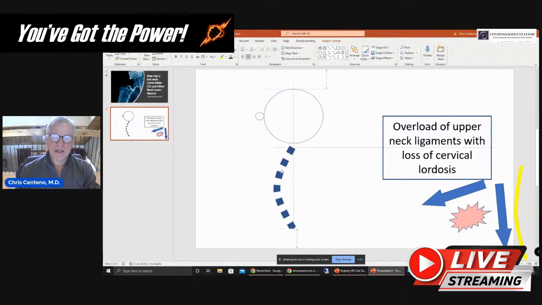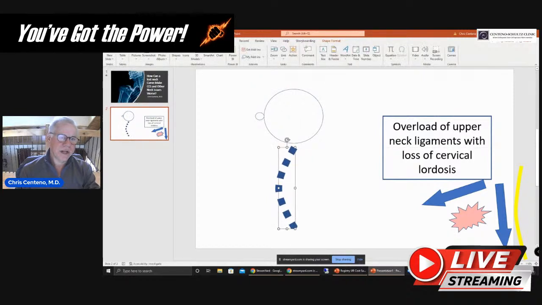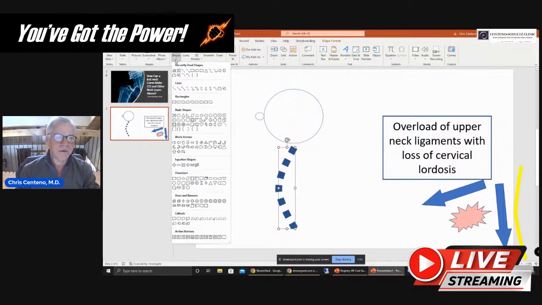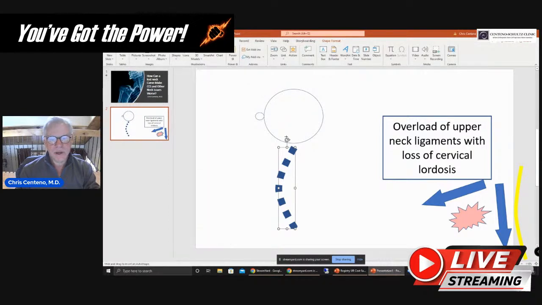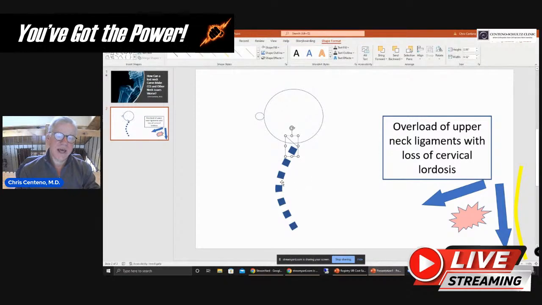So when it comes to clivoaxial angle, and this isn't going to be perfect because I don't have a perfect model drawn here, but I'll make it as good as I can. So clivoaxial angle would be the angle between the clivus there and around C2. So let's say the angle is that.